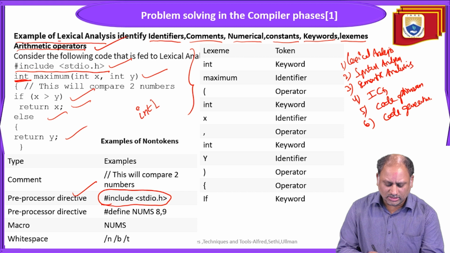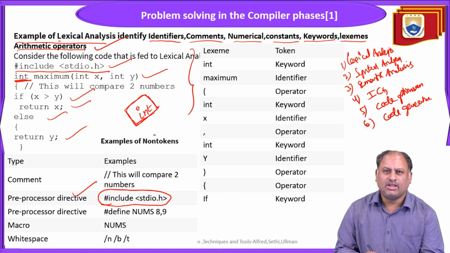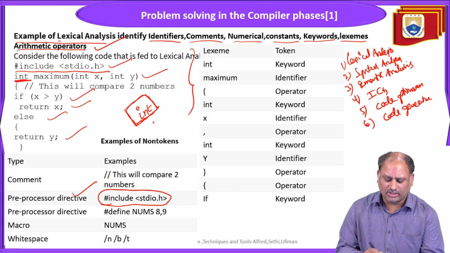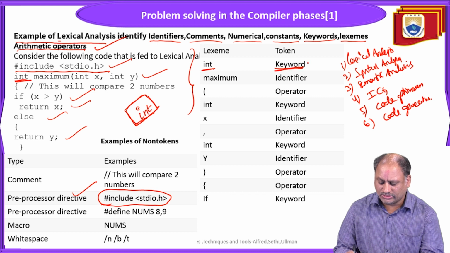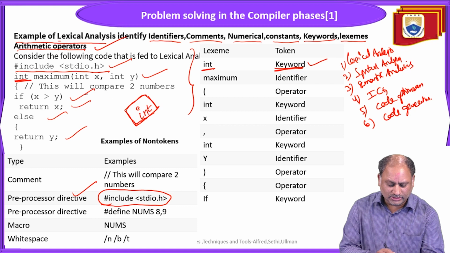Then it completes, which indicates that a lexeme is to be identified. What type is it: identifier, comment, constant, operator? After completion of this token, we identify what lexeme it is. The lexeme is int, and the corresponding token is considered a keyword.